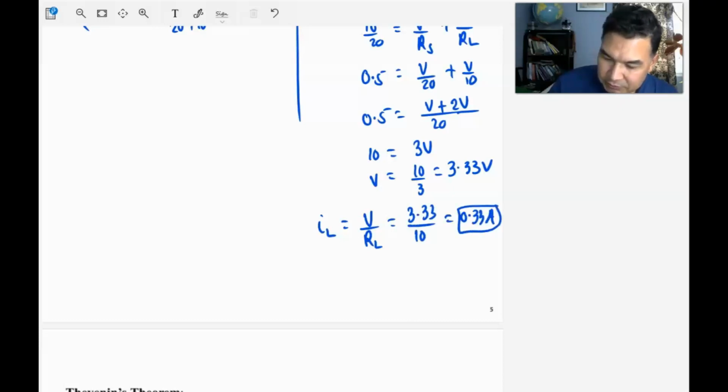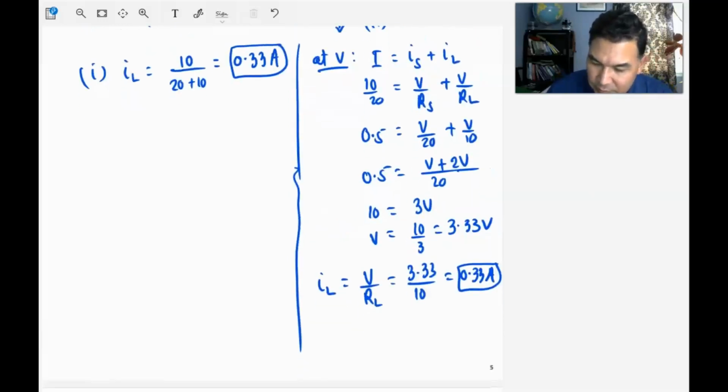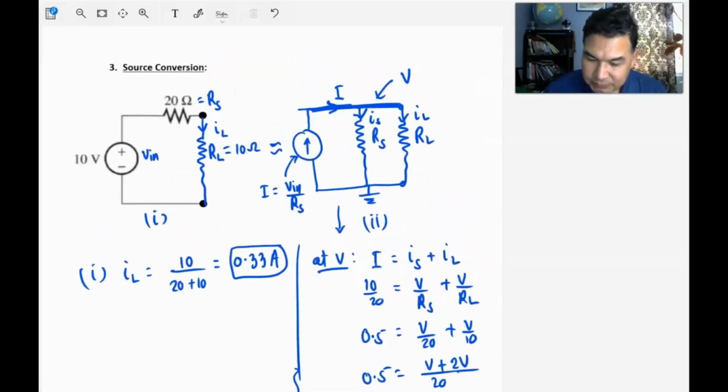We just proved that both equivalent circuits are delivering exactly the same load current, 0.33 amps and 0.33 amps, 330 milliamps. So we just proved that this circuit is equivalent to that circuit.